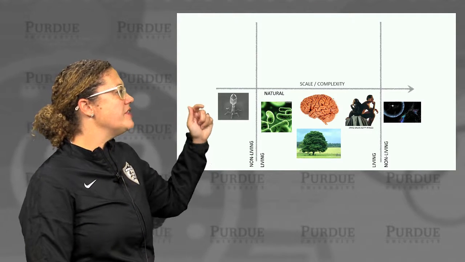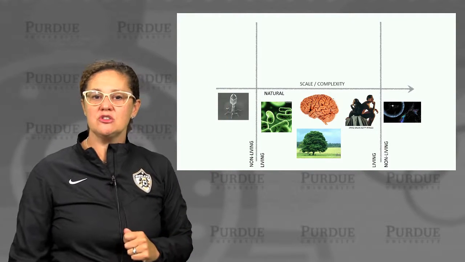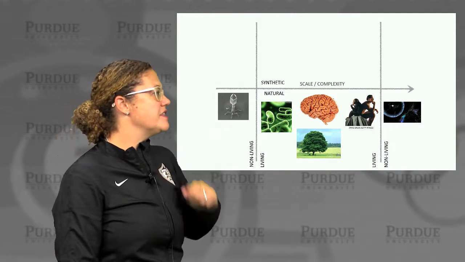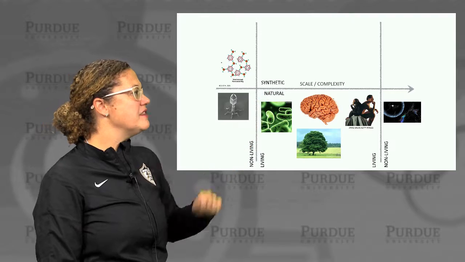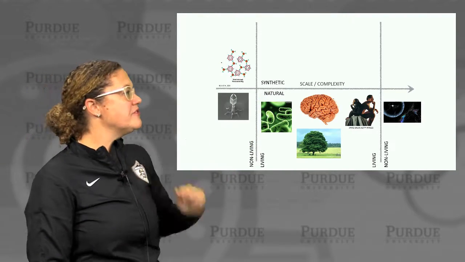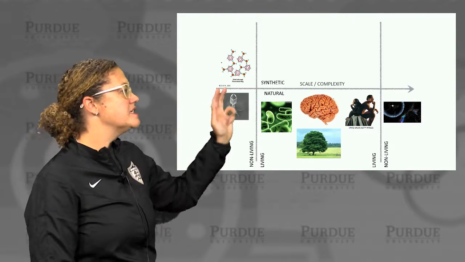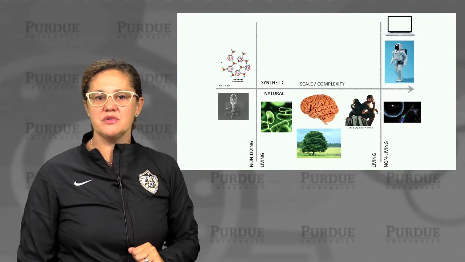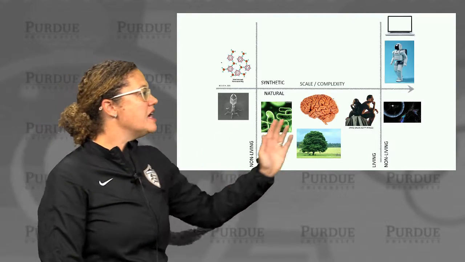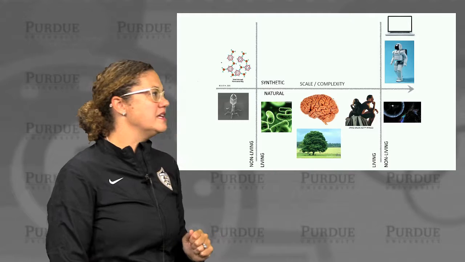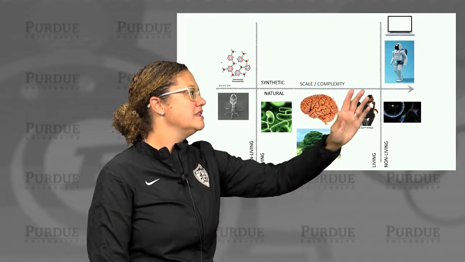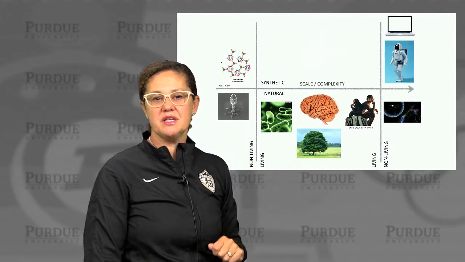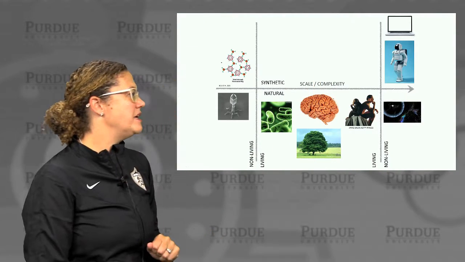So what exists on the other end of our natural world? Well, is that our synthetic world? So on this same size scale, on the size scale of viruses, we have a lot of nanotechnology, such as these multifunctional nanoparticles that we see here. On the other end of scale and complexity, we also have on our non-living end, perhaps our computers and robots that are being engineered.